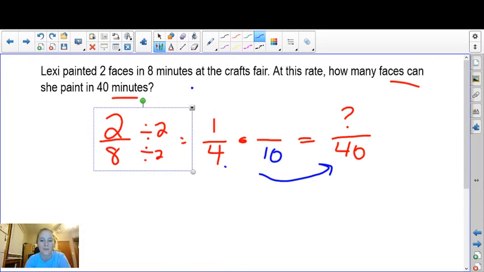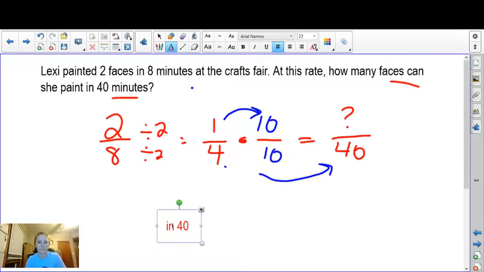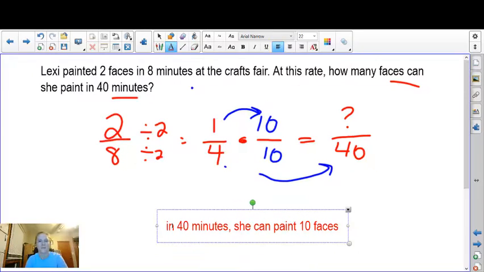That number should be 10. 4 times 10 is 40. So what I do on the bottom, I also have to do on the top. What is 1 times 10? Good, it's 10. So in 40 minutes, you can paint 10 faces.